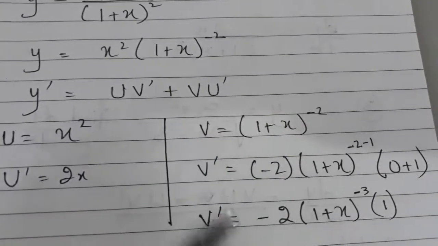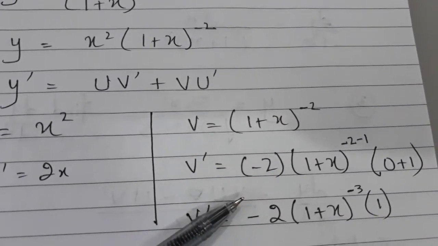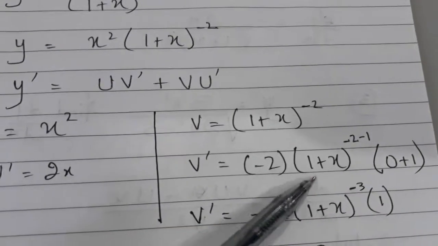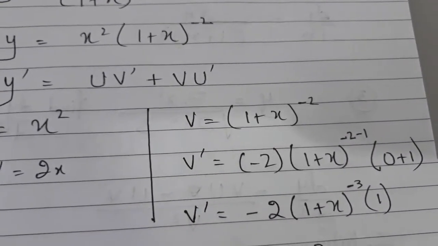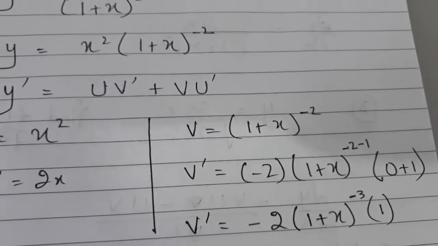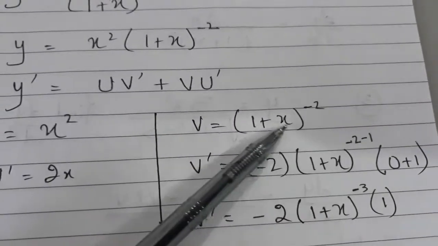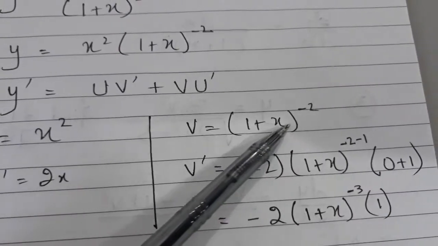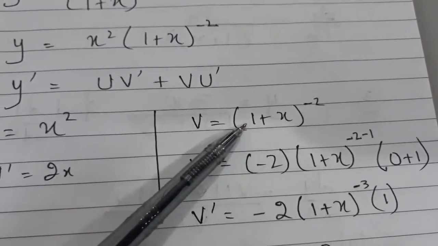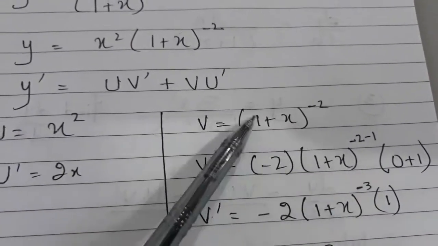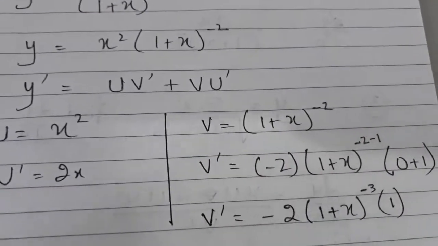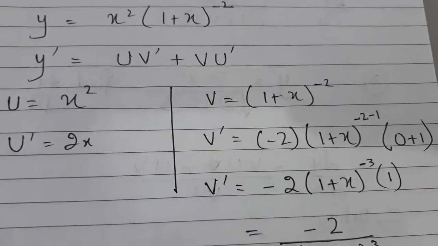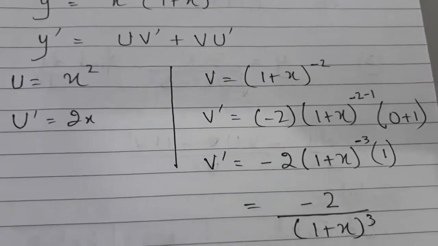So minus 2 will come here as a multiplier. The function will remain as it is, and then the power will be subtracted by 1. And then you will multiply by the differentiation of the expression given inside. So the differentiation of 1 is 0, x is 1. So now I am simplifying it. So this is what I will get.